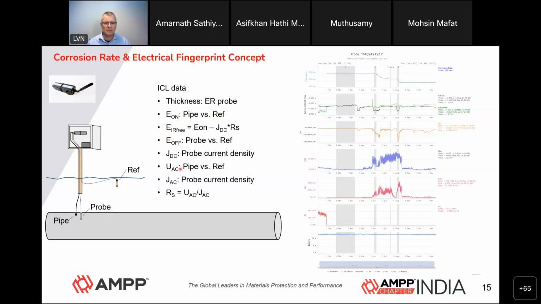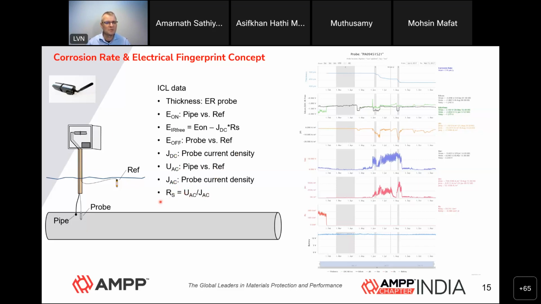You can also measure the pipe to soil AC potential, and you can measure the probe AC current density, and you can measure the spread resistance, which is the ratio between AC voltage and AC current density.